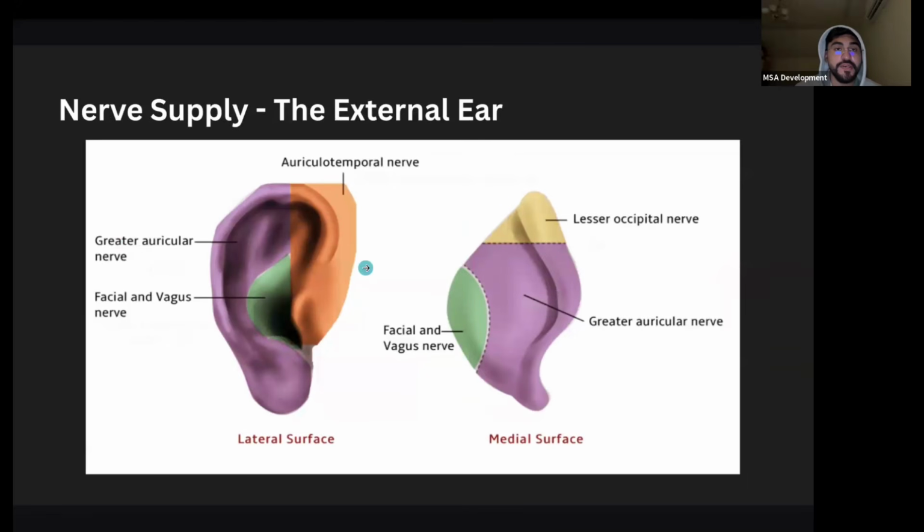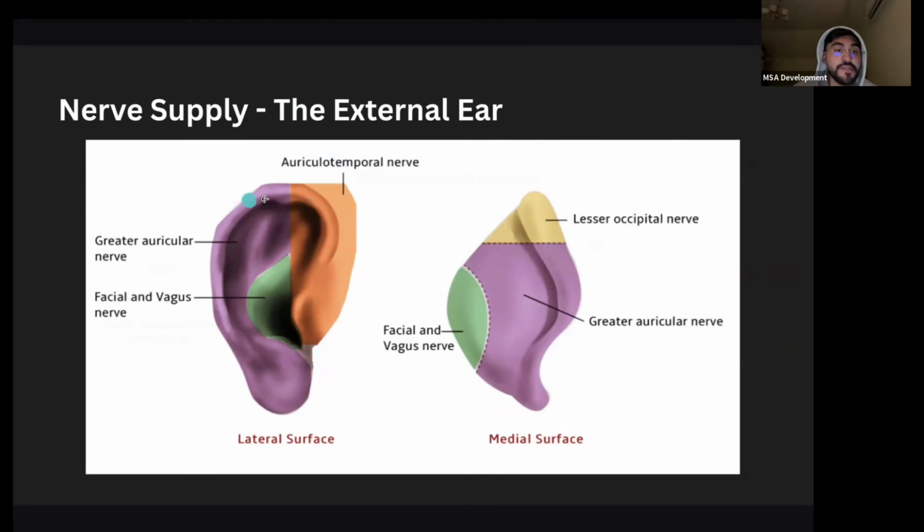Now, this is the nerve supply of the external ear. So here you'll have the auriculotemporal nerve supplying part of the anterior, the anterior part of the external auditory meatus. It's also going to supply your outer ear, okay?